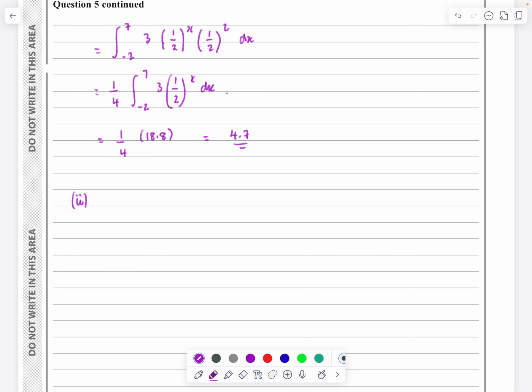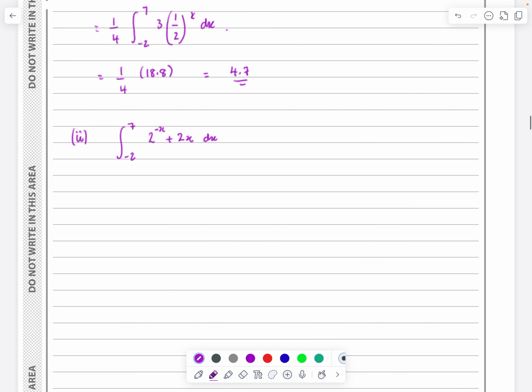So what have I got for this one? I've got the integral. These are a little bit more tricky, but 7 and -2 of 2 to the minus x plus 2x dx. So the first thing to do would be to say, right, well, 2 to the minus x, I could write that as 1 over 2 to the x plus 2x dx.